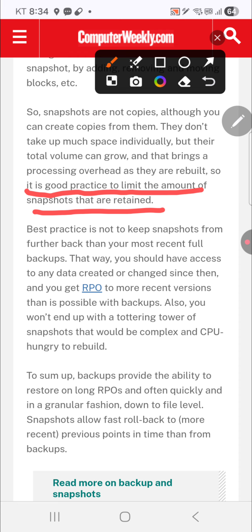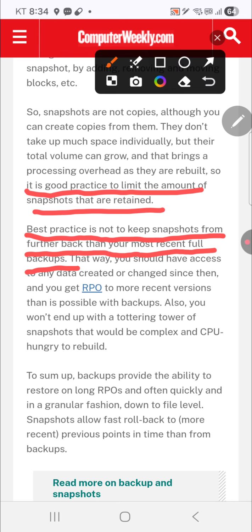Best practice is not to keep snapshots from further back than your most recent full backups. That way, you should have access to any data created or changed since then, and you get RPO to more recent versions than is possible with backups.